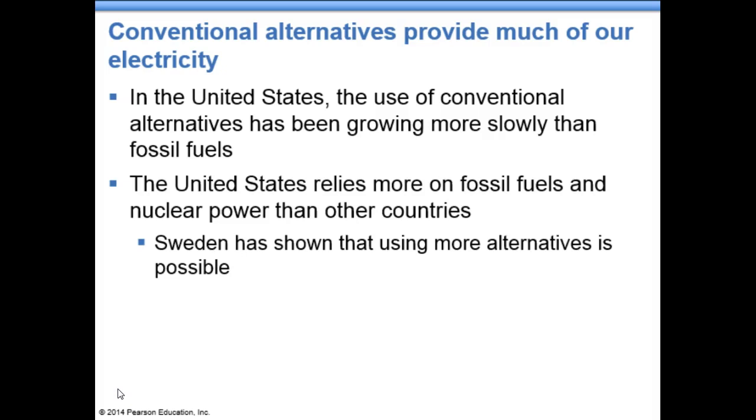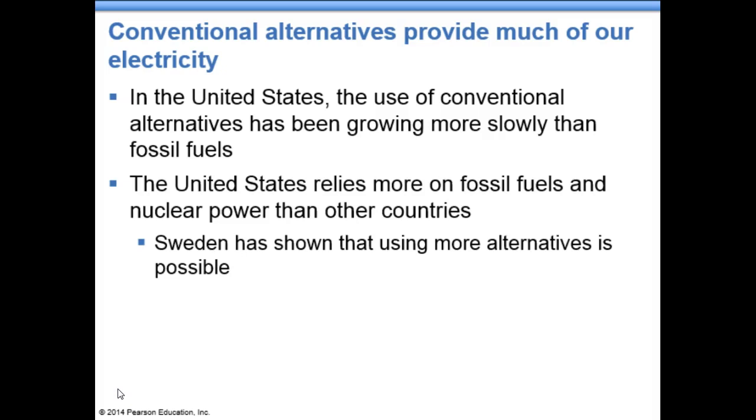We'll be looking at a graph that will show the trends of consumption, and the graph is going to reveal two things. One, that conventional alternatives play a minor yet substantial role in overall energy use. And the second is that the use of conventional alternatives has been growing more slowly than the use of fossil fuels.